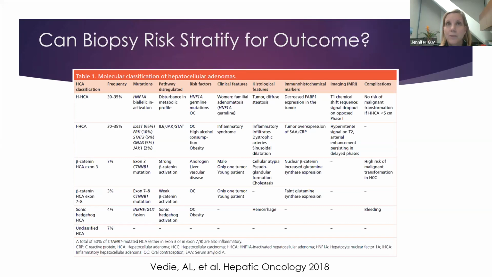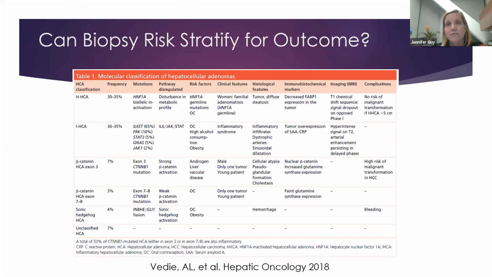The next type of adenoma, another 30% of the adenomas, is the inflammatory adenoma. And this is an activation of the JAK-STAT pathway. And so there's overexpression of SAA when you actually stain the lesions, and the lesions have a lot of inflammation in them. So you see a lot of mixed infiltrates. And so these lesions, indeed, have rupture risk, but they also have a propensity to potentially stain for beta-catenin.